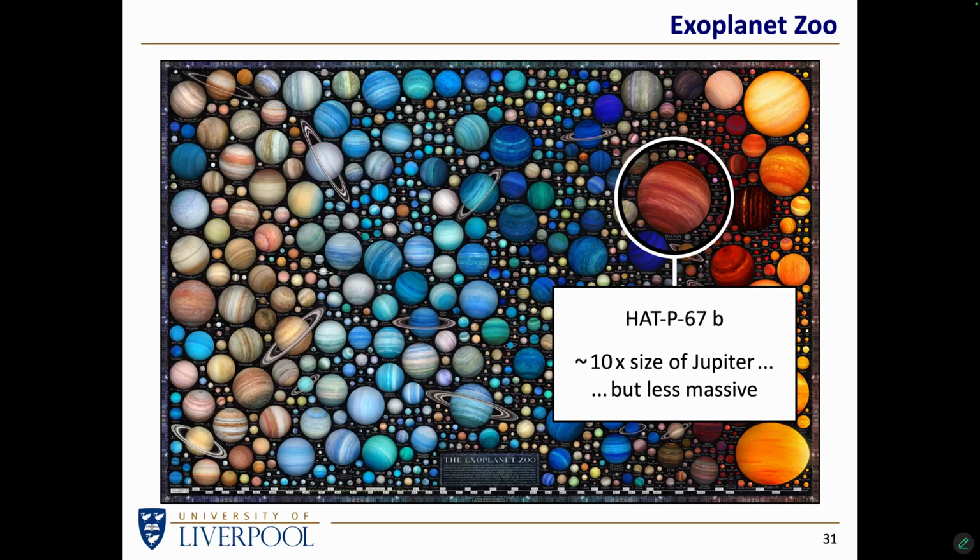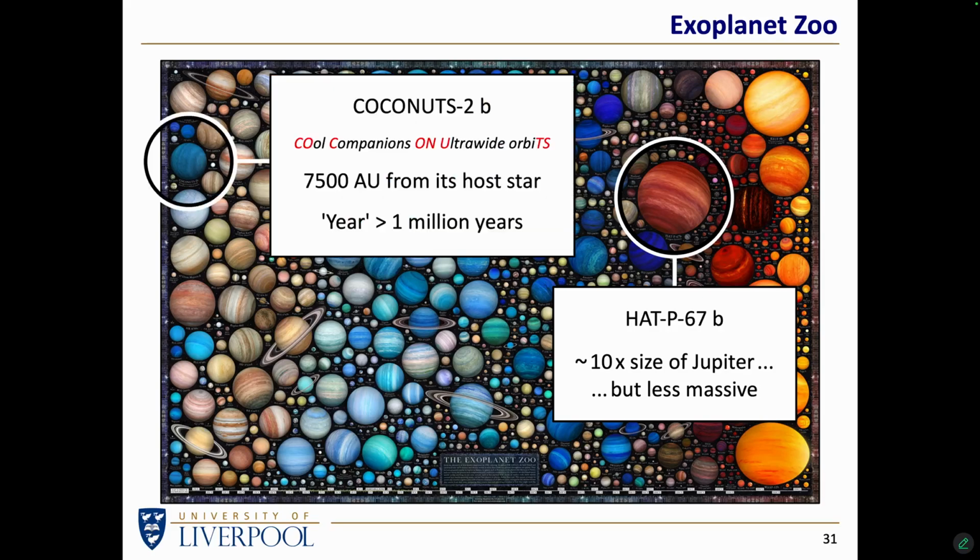On the subject of names, yes, they're struggling to find the names of these planets, but they have at least come up with 1 or 2 interesting names. I think the prize for the best name has to be Coconuts 2b. What a great name. Cool companions on ultra-wide orbits is the sort of acronym that's coconuts. What they mean by ultra-wide orbits is planets at a huge distance from their host star. 7,500 astronomical units. 1 AU, 1 astronomical unit, is the distance from the Earth to the Sun.